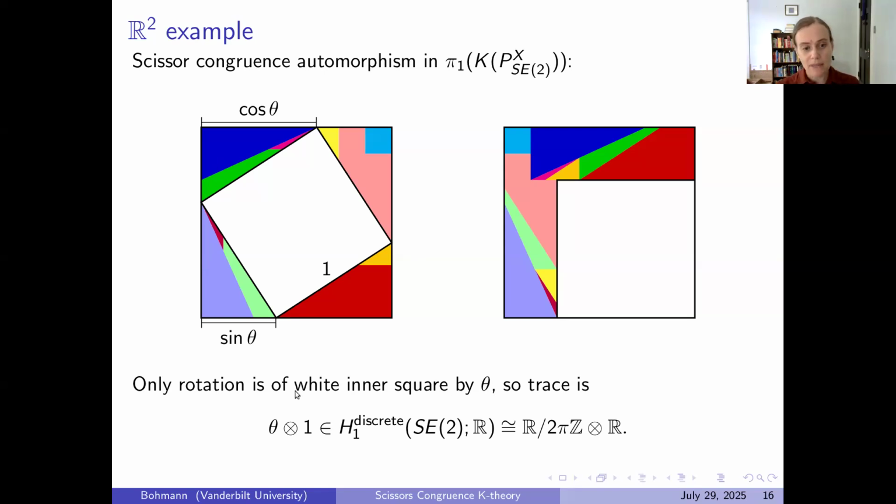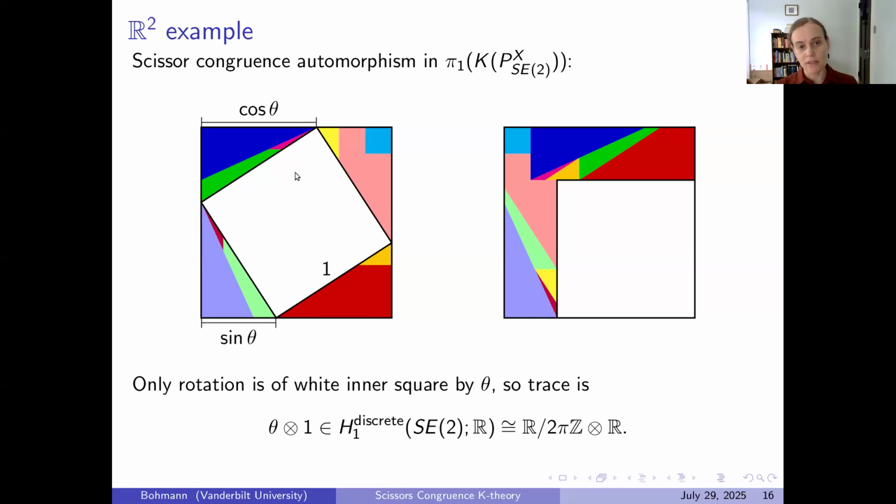So ultimately what happens is that this scissors congruence automorphism, coming from these two different ways of decomposing the big square into all these separate pieces, gives us the element theta tensor 1 in this first group homology. So the theta part here comes from the fact that I rotated the inner white square by angle theta.